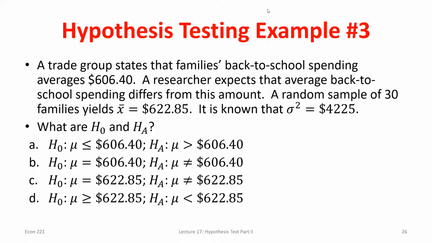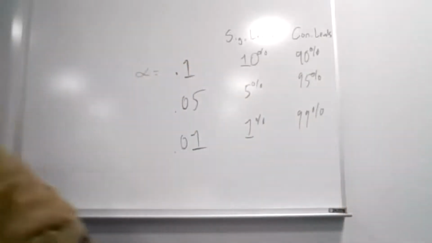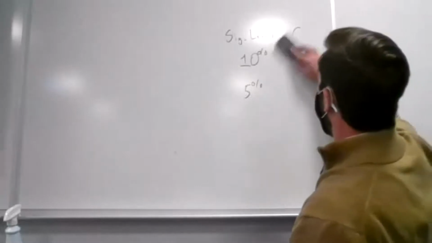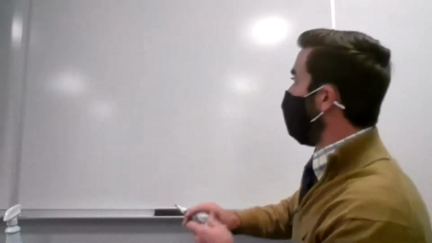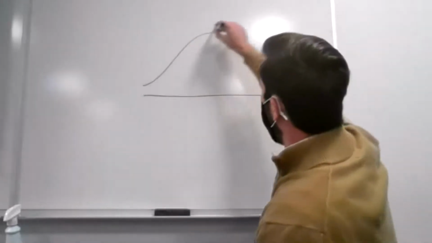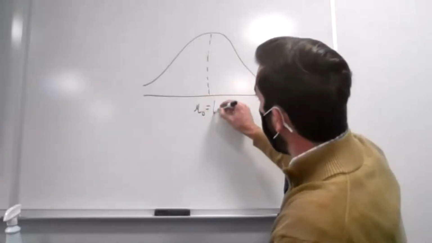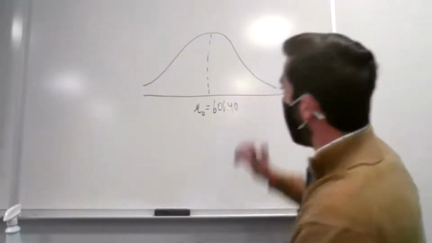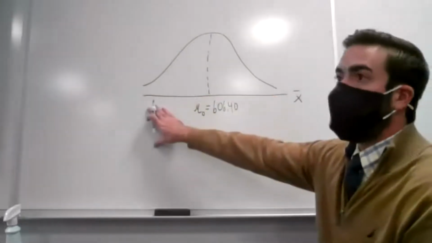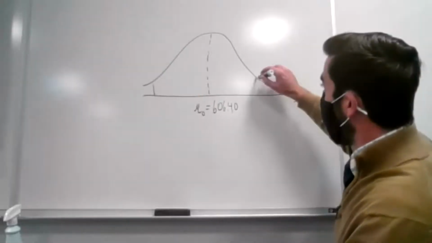So automatically what we should be thinking about is that we could see evidence on either side of that assumed true mean, and it would go against the null. So if the true population mean was in fact that assumed true value of $606.40, we're going to see evidence on one side of it, but we're going to have kind of two tails.